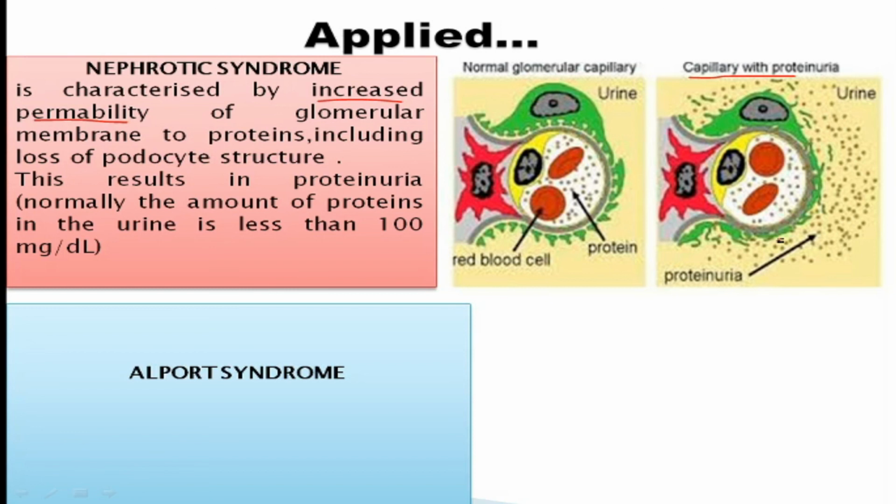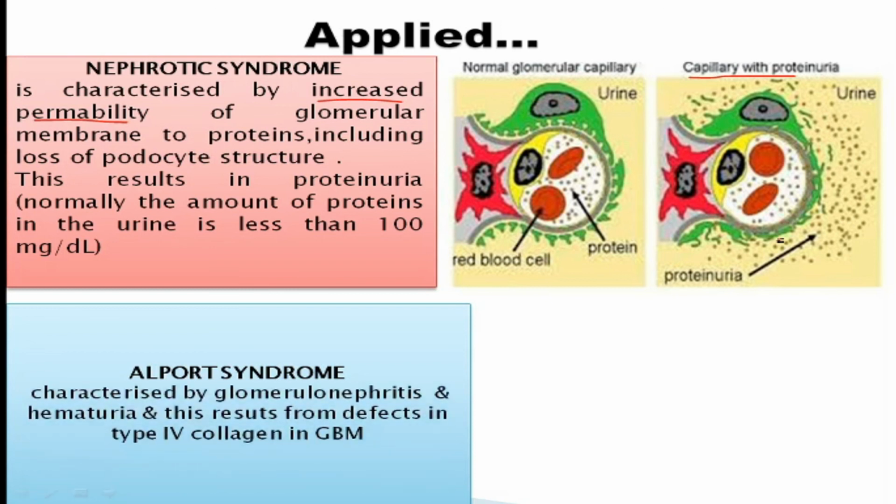Another important syndrome associated with the glomerular basement membrane is Alport syndrome. Again, a very important MCQ question, characterized by glomerulonephritis, that is inflammation of the glomerular nephrons, and hematuria, that is appearance of blood cells in urine.